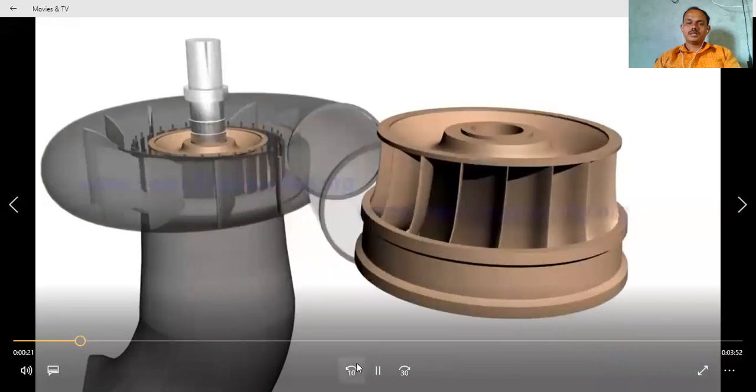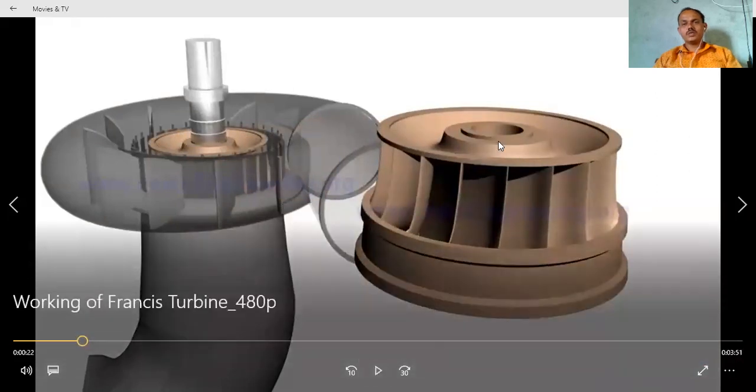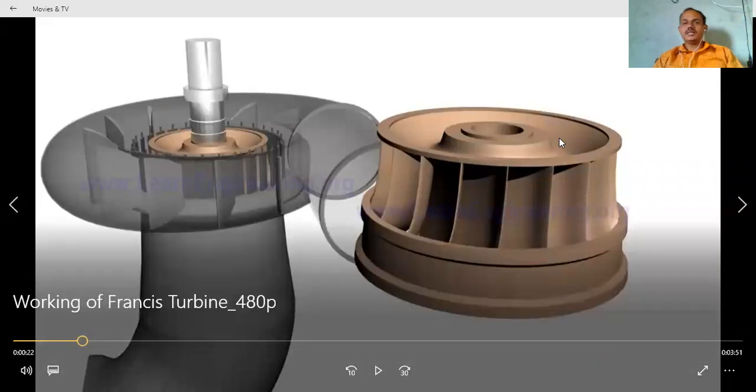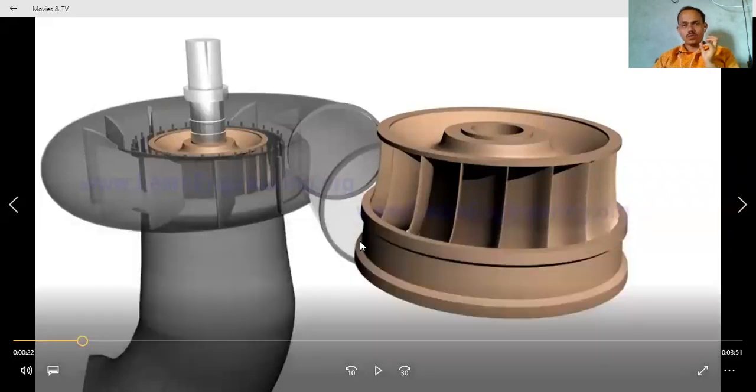This part is the runner. This one is a very important part, or we can call this the turbine. All the remaining components are required to guide the water towards the runner, but the runner is exactly the main power extractor from the water.